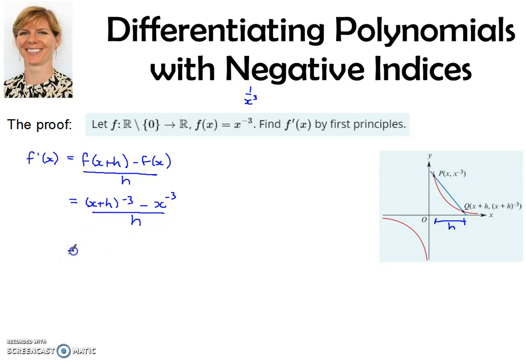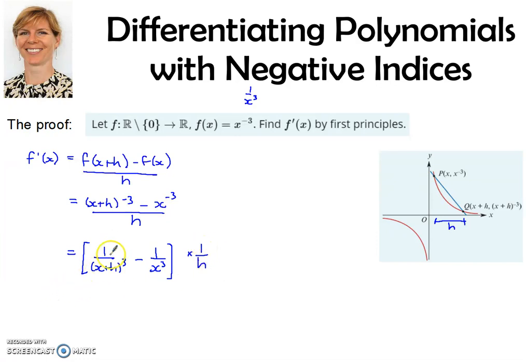We can rewrite this by putting the over h out here as times 1 on h, and this bit is 1 over x plus h to the power of 3 minus 1 over x to the power of 3. All I've done is write these two with positive indices and taken the over h out because I want to deal with this bit and not worry too much about that bit at the moment.